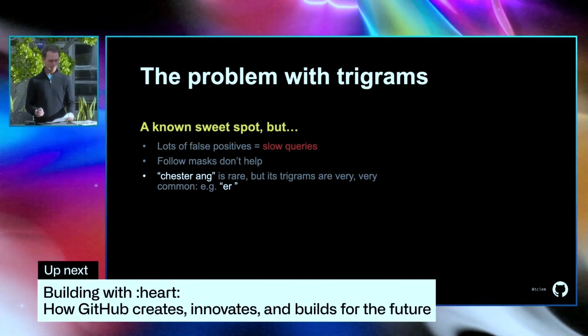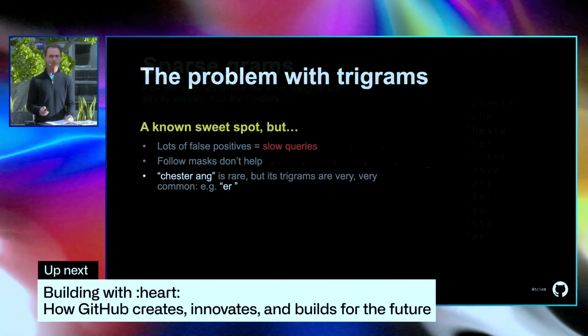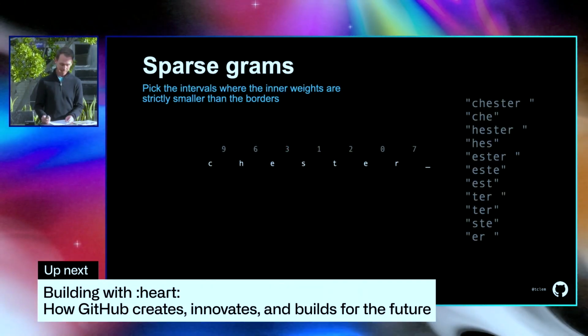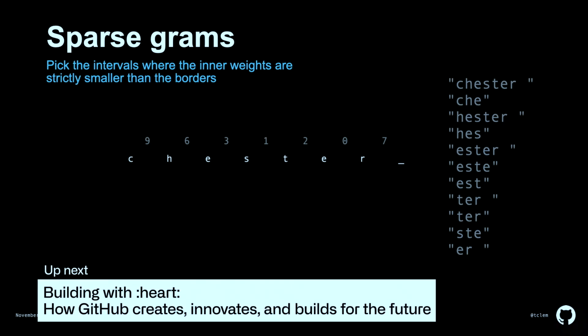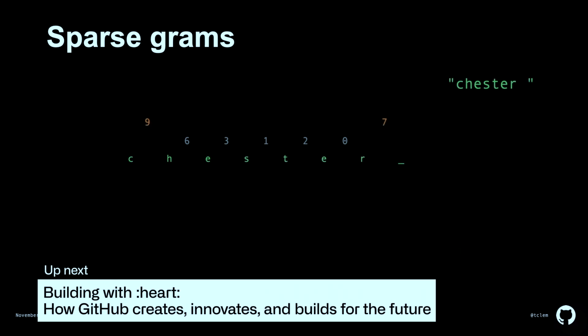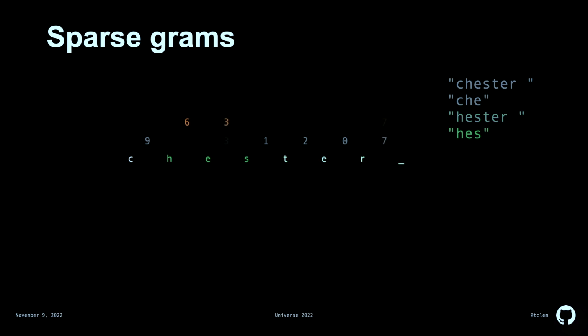The solution we came up with is something we called sparse grams, and it works a little bit like this. We assume you have some weight function that, given a bigram, gives you back a weight. Using these weights, we tokenize by selecting intervals where the inner weights are strictly smaller than the weights at the borders.